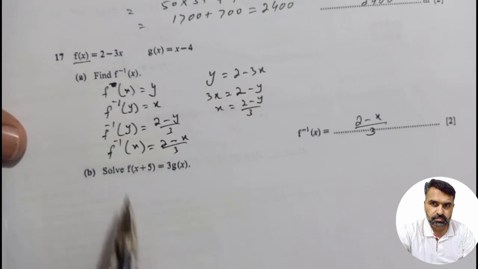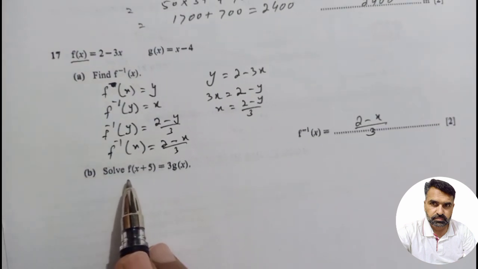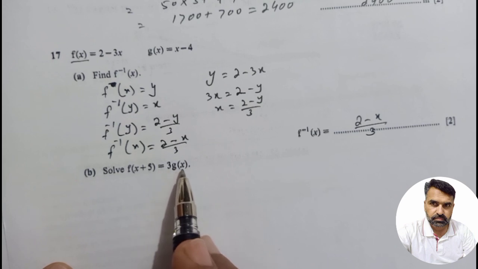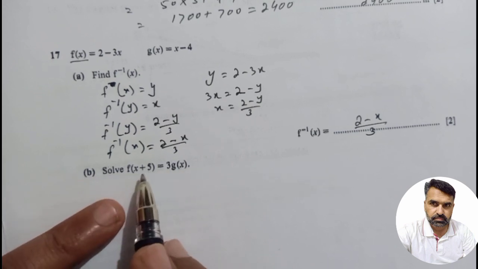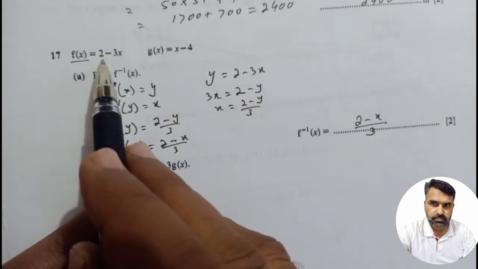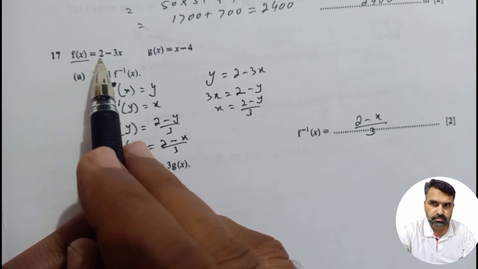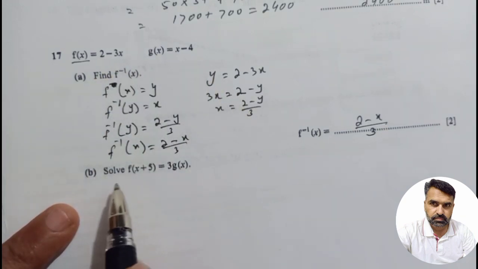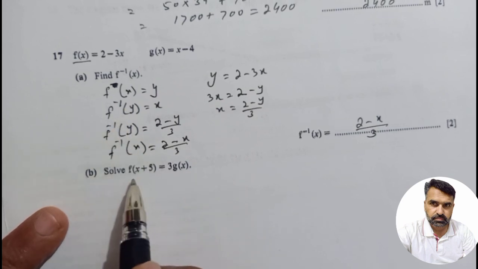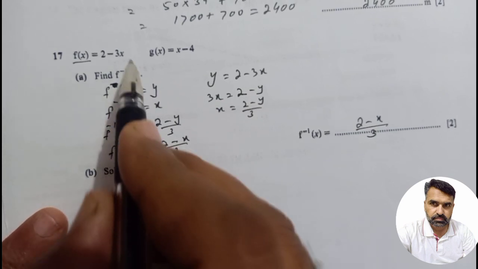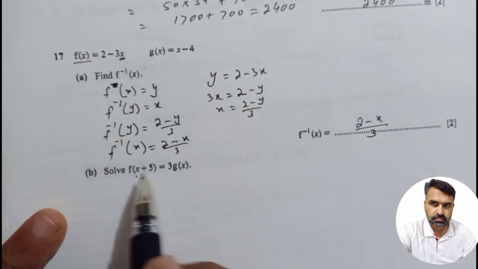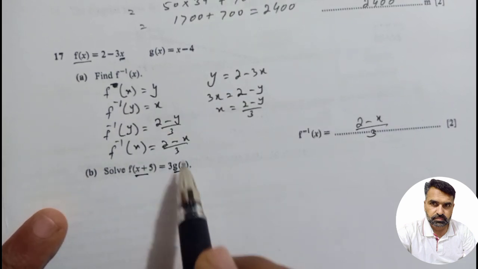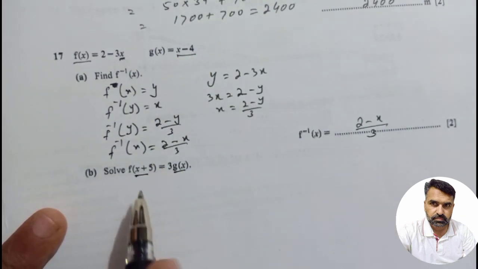And in the second part we have to find f of x plus 5 is equal to 3 g of x. Now students, look at f of x, that is 2 minus 3x, and in place of this x we will put x plus 5, and in place of g of x we will put x minus 4.